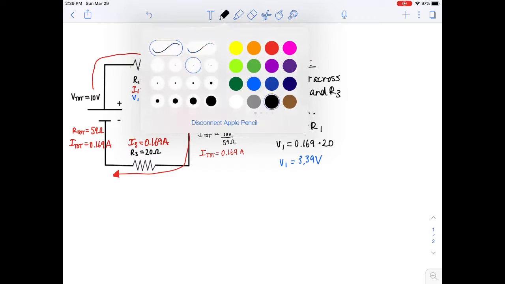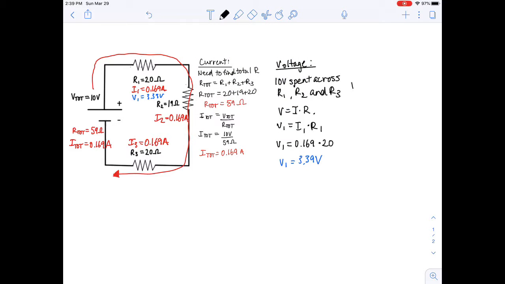Okay, now let's try V2 in a very similar way. V2 is going to be 0.169 times 19. So it's just going to be a bit smaller. 3.22 volts.